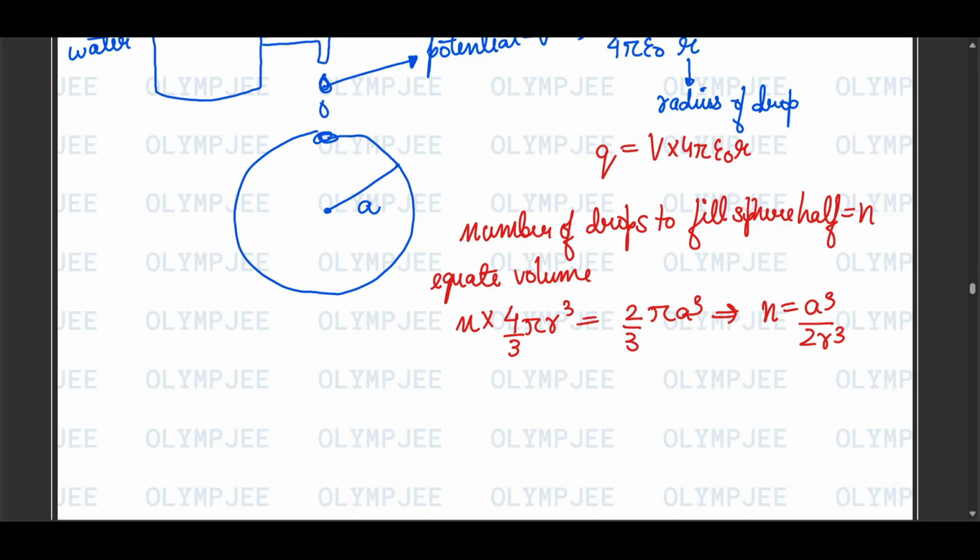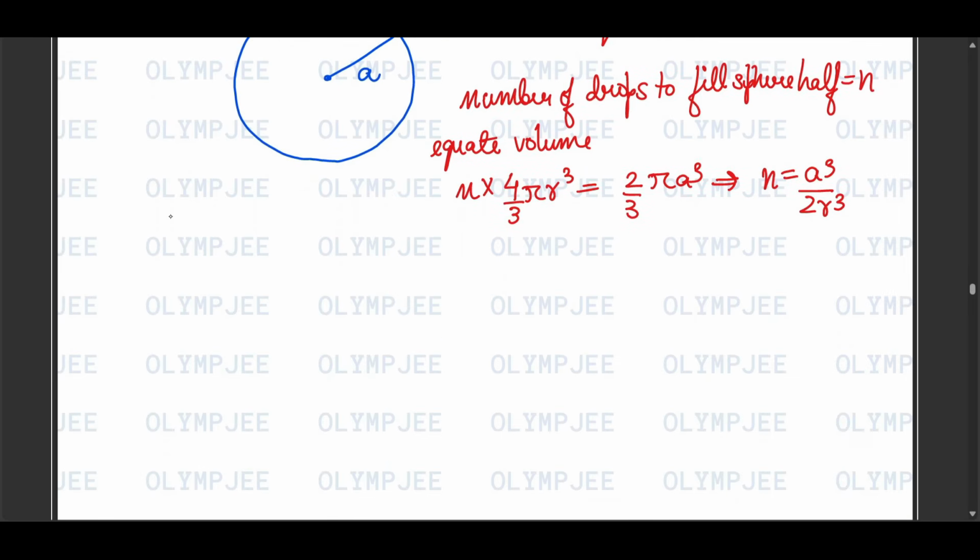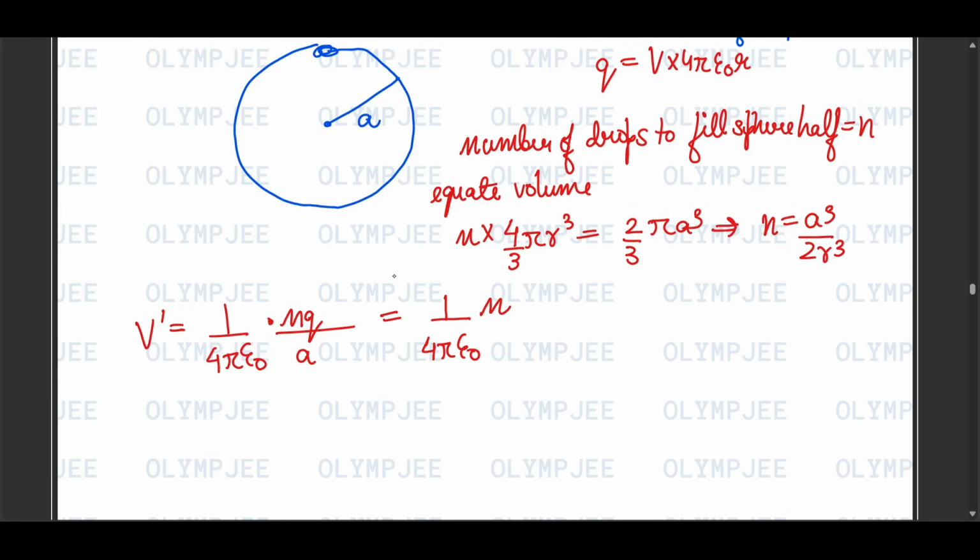Okay. So now the new potential will be, the total charge is nq, right? And the radius is a. So the new potential will be equal to, Q we found out as V multiplied by 4 pi epsilon naught R divided by A. So this will get cancelled out and we will be left with nVR/A, and n is a variable that we assume, so we need to eliminate it.